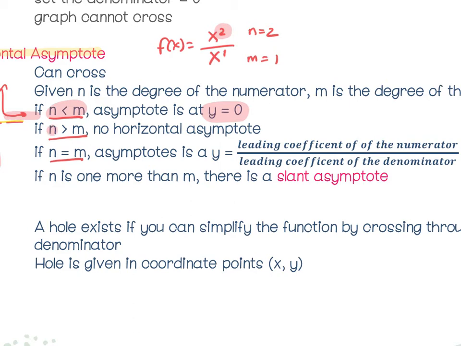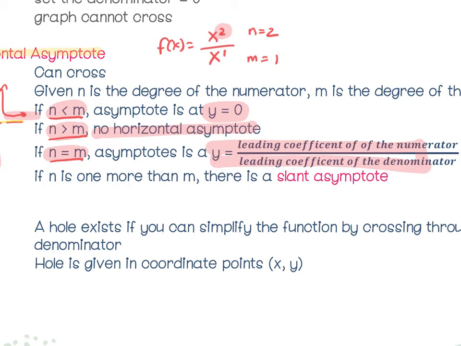If n is greater than m, then there's no horizontal asymptote. If n is equal to m, then there's an asymptote at y equals the leading coefficient of the numerator over the leading coefficient of the denominator. The leading coefficient is the number in front of the term with the highest exponent.